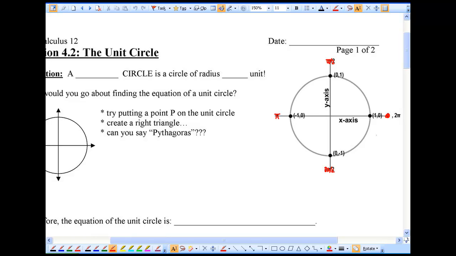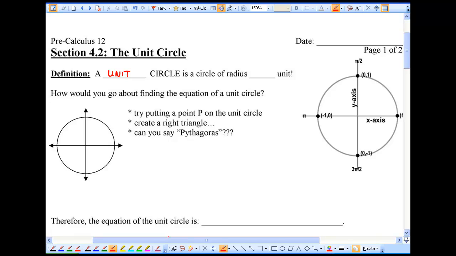Okay, now what I want to take a look at today then, let me just erase this so you can see it. I want to talk about the unit circle. A unit circle is really just a circle with radius equal to, you guessed it, 1 unit.